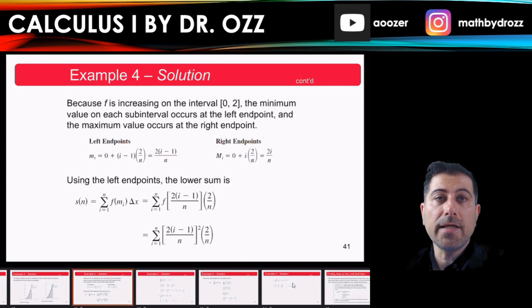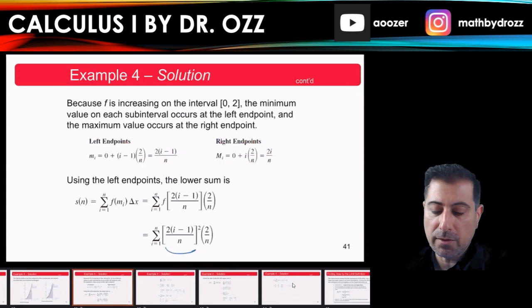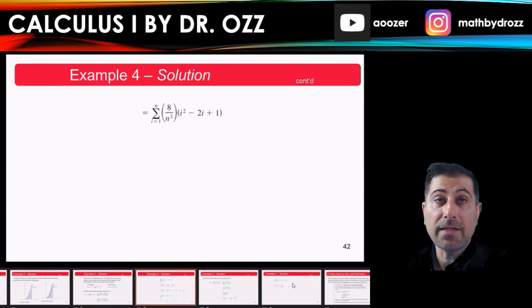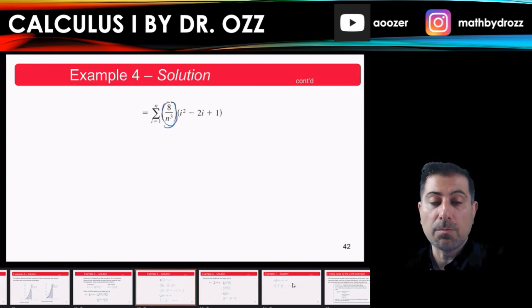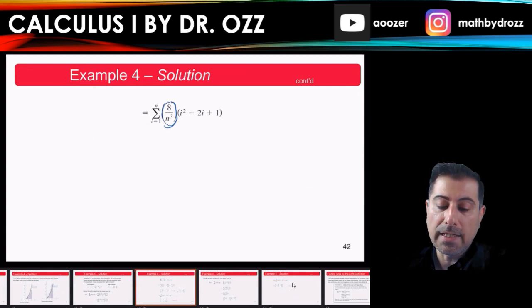All right, at this stage, we want to expand this out and then see what it looks like. And it's done in the next slide here. So if you expand everything out, it's going to be i squared minus 2i plus 1 times 8 over n cubed. And we're going to use the summation properties to simplify this sum. First of all, in this sum the index of the summation is i, so this 8 over n cubed is a multiple. We're going to pull that out.